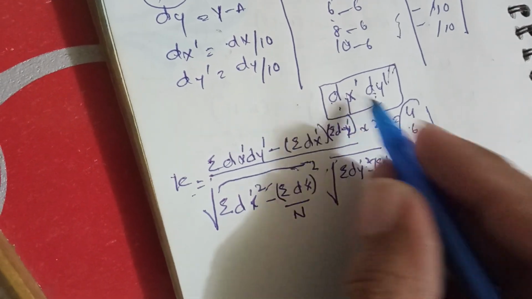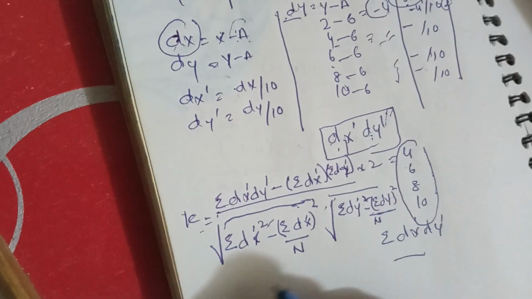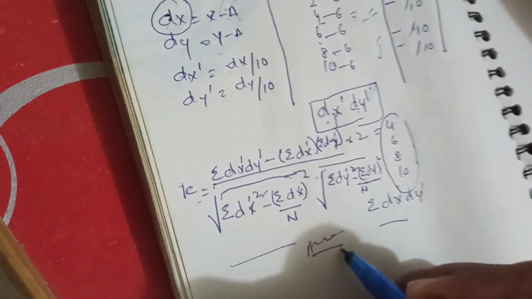This is your formula. Wherever you have dx and dy, just put them all in, and you will get your answer by the Karl Pearson method.